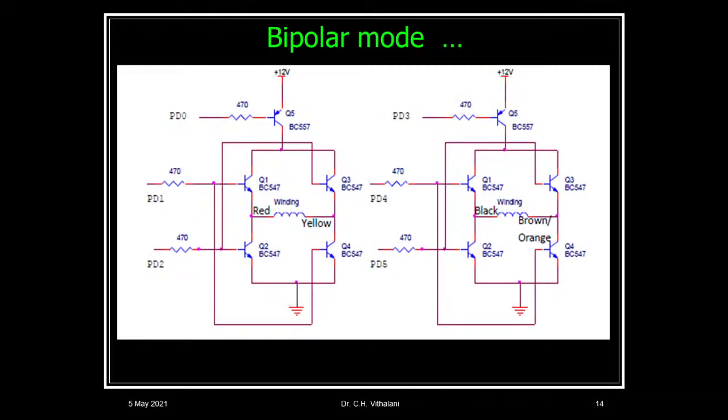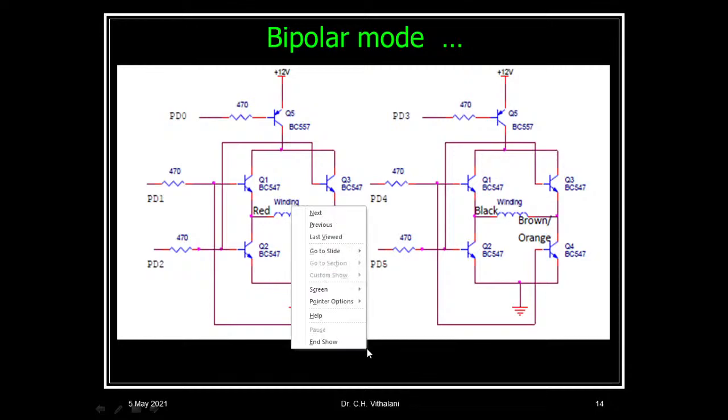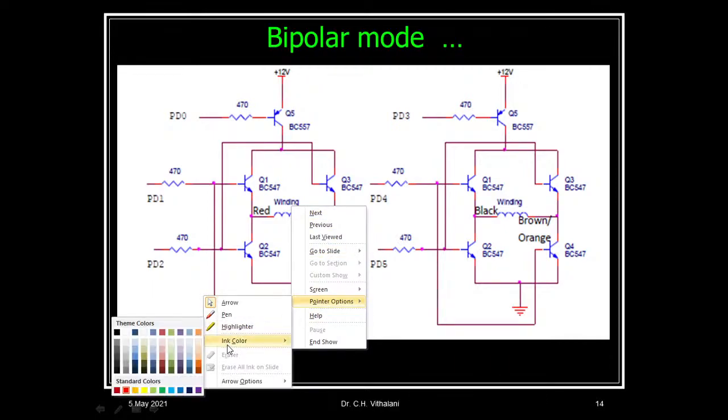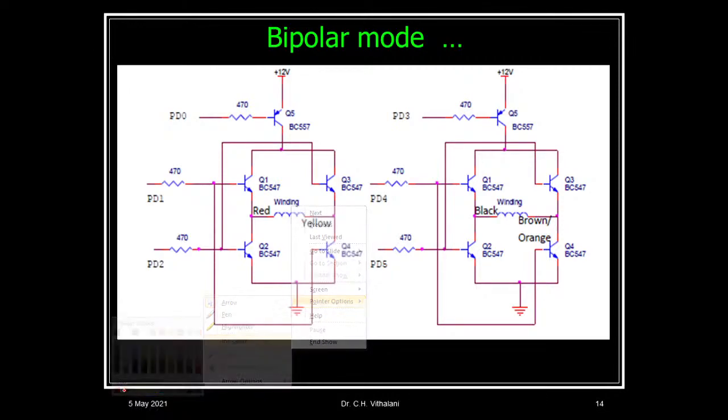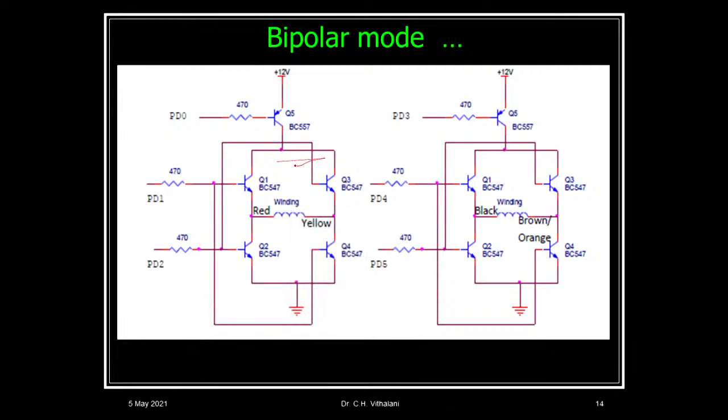Then this is regarding the bipolar mode. The previous one was unipolar mode. But if you want to drive the motor in bipolar mode, then you need to use the H bridge configuration here. As you can see, this is an H bridge. So these transistors are formed like the H in H form, right?